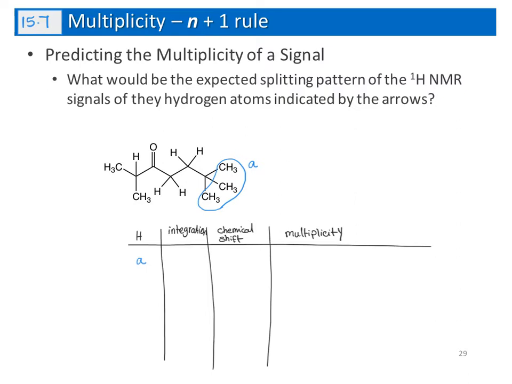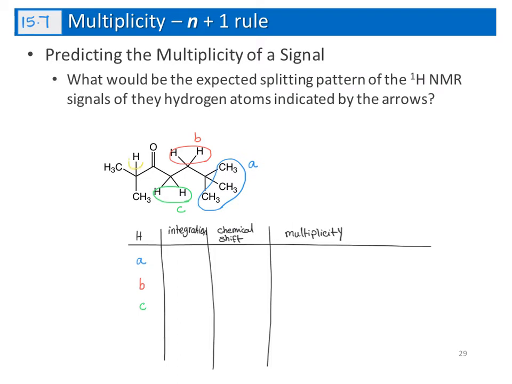Now we don't have any chiral center in this molecule, so these 2 protons should be the same. So they give the second signal. And these 2 protons should be the same as well.